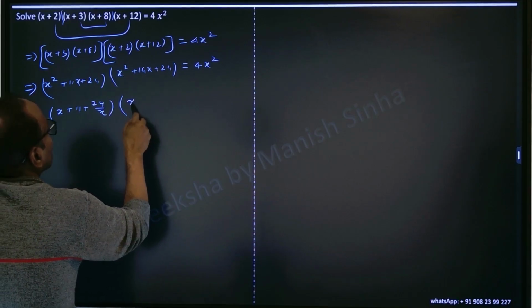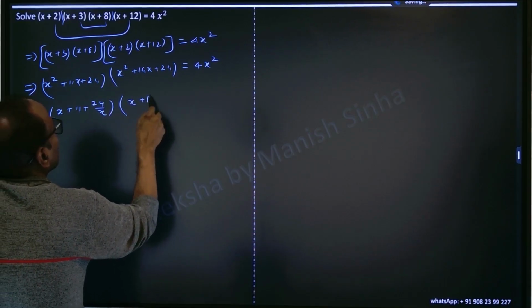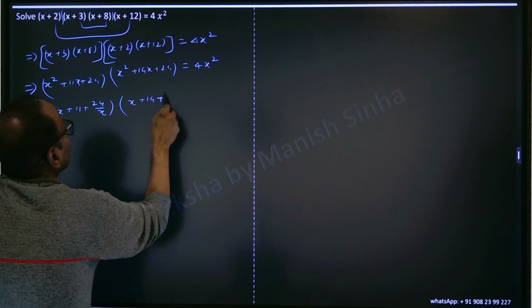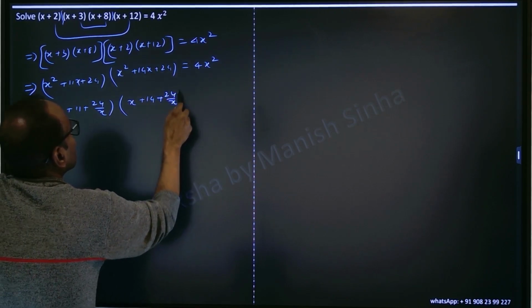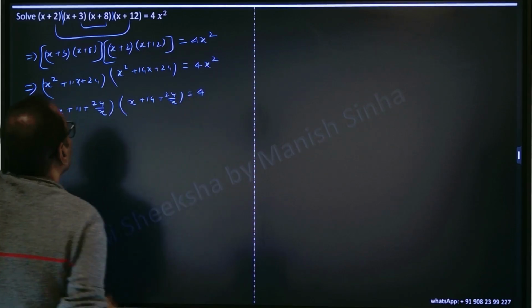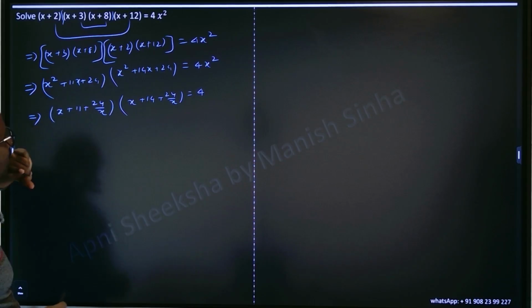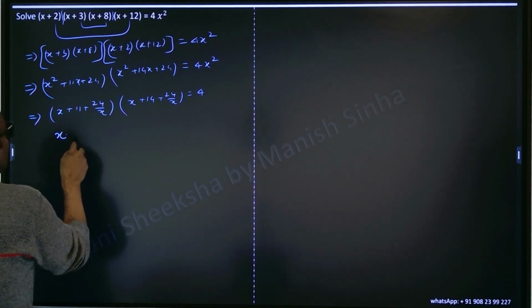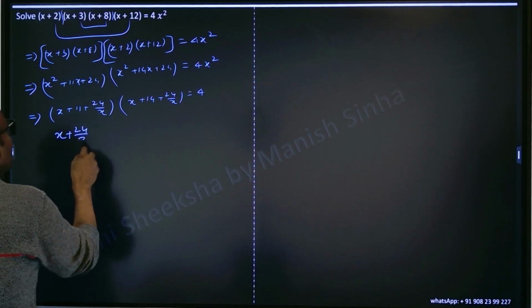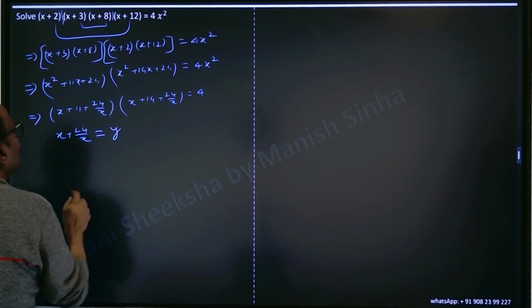Here it is another x plus 14 plus 24 by x. So now you have an option to select x plus 24 by x as y.